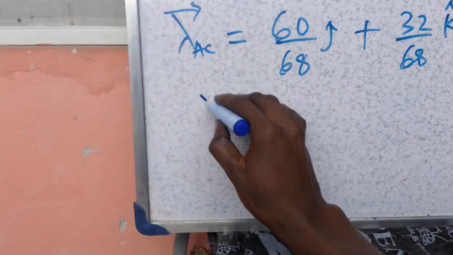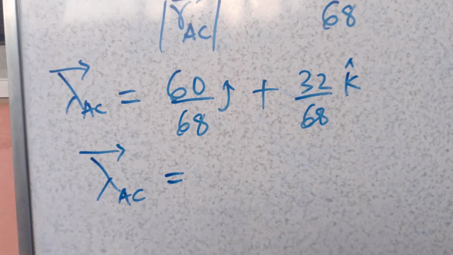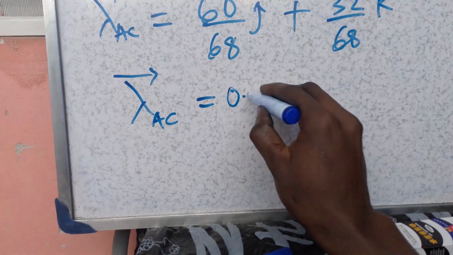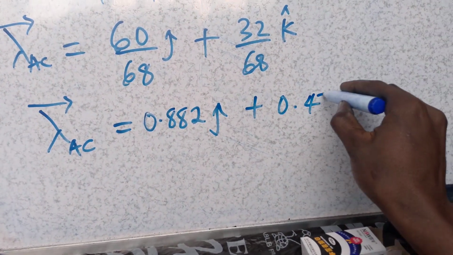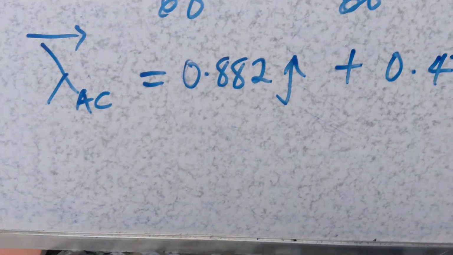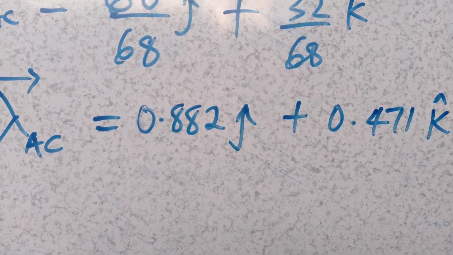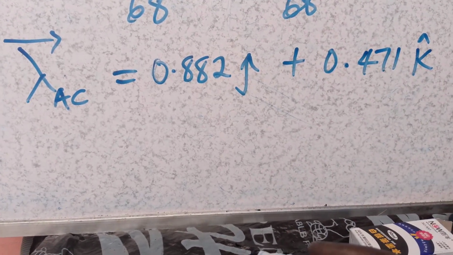So lambda AC will be equal to, if I divide that now, 0.882j plus 0.471k. Alright, so I can then continue now.